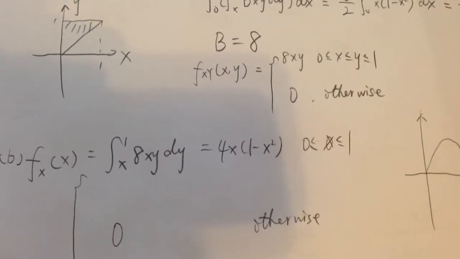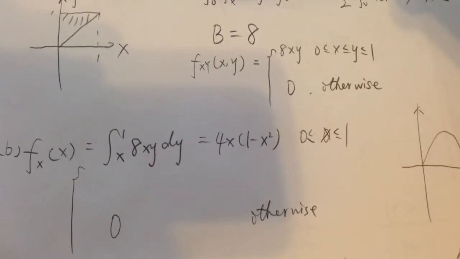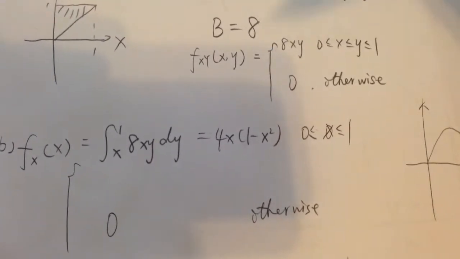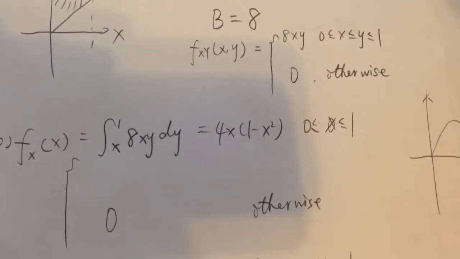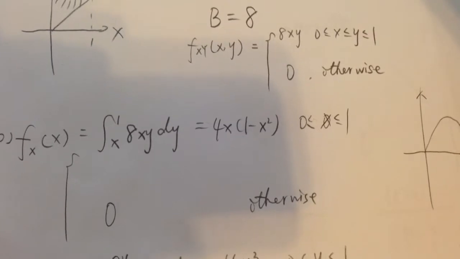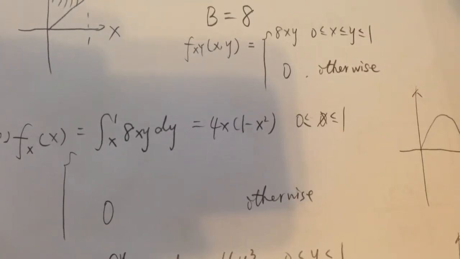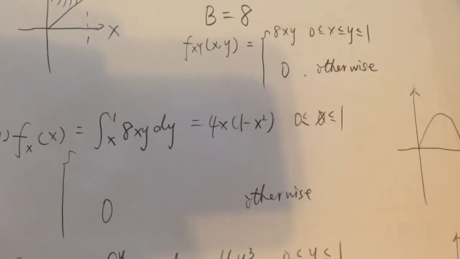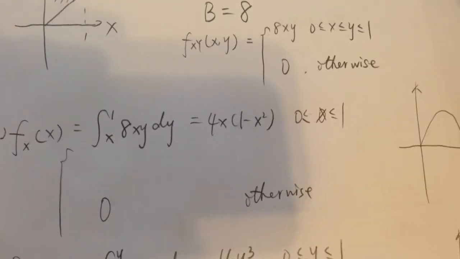So we integrate and we get the answer 4x times (1 minus x squared). Here x must be less than or equal to 1 but greater than or equal to 0.